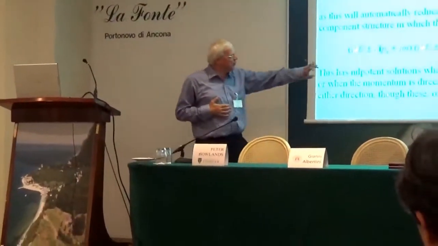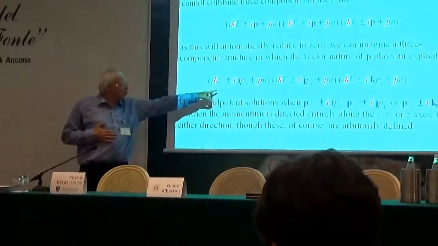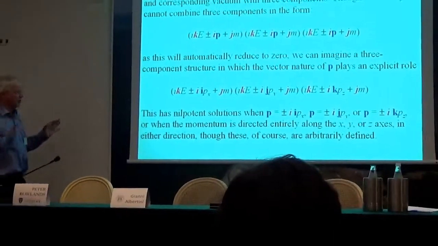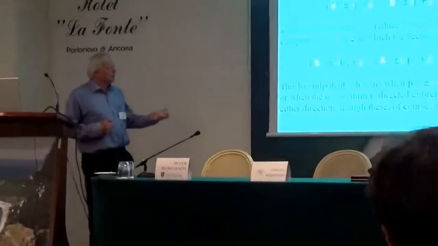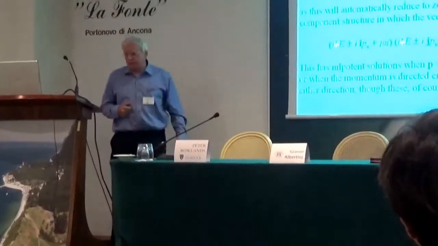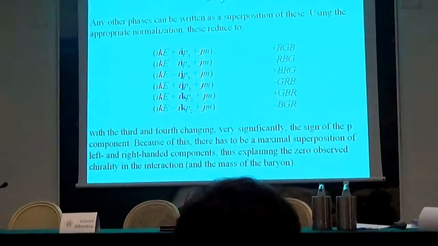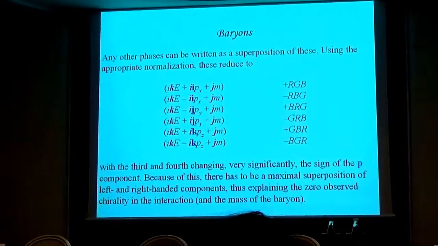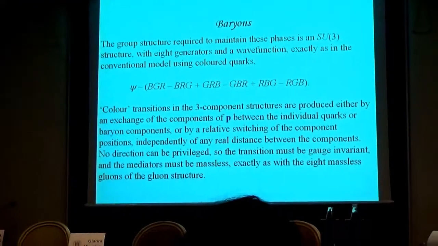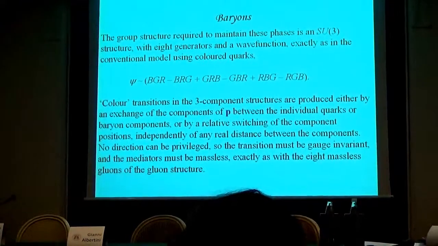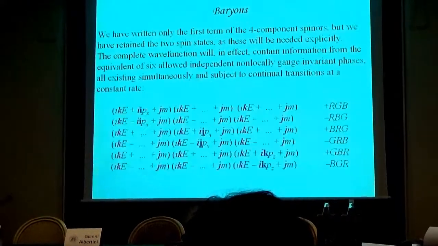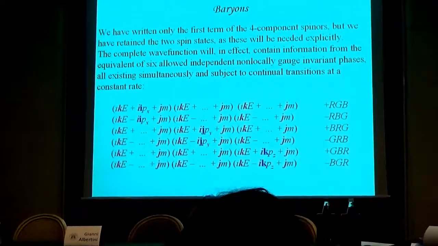You can have all the momentum or angular momentum in this one, or in that one, or in that one. Or you can have a combination of all 3. So there are 6 separate states, plus and minus. And that corresponds to the colour description, like so. And colour transitions, if you like, are transitions between those possible states, like so.